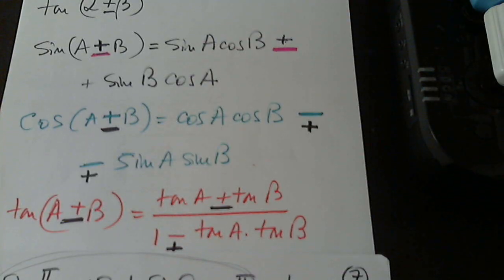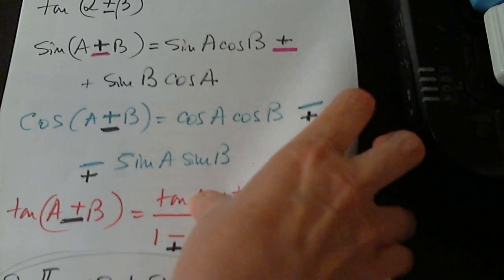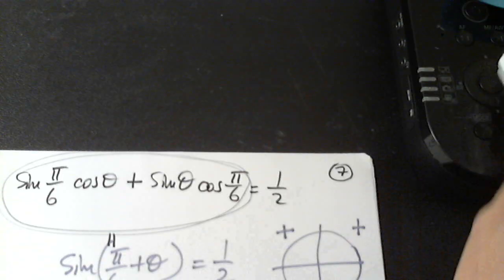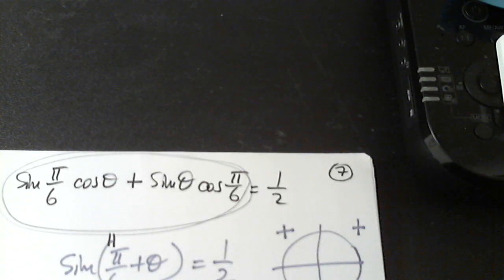Can anyone give us the two angles that pi over 6 plus theta could be? Which angle in the first quadrant and which angle in the second quadrant?